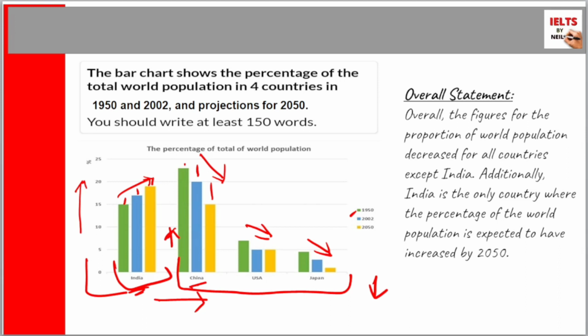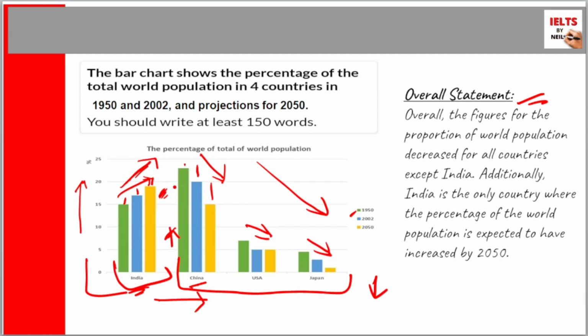Let's have a look at the overall statement. It says, overall the figures for the proportion of world population decreased for all countries except India. So all three are decreasing and India is the only one that is going up, which is expected to even be the highest in 2050. See this yellow part here. Yellow represents the population for 2050.